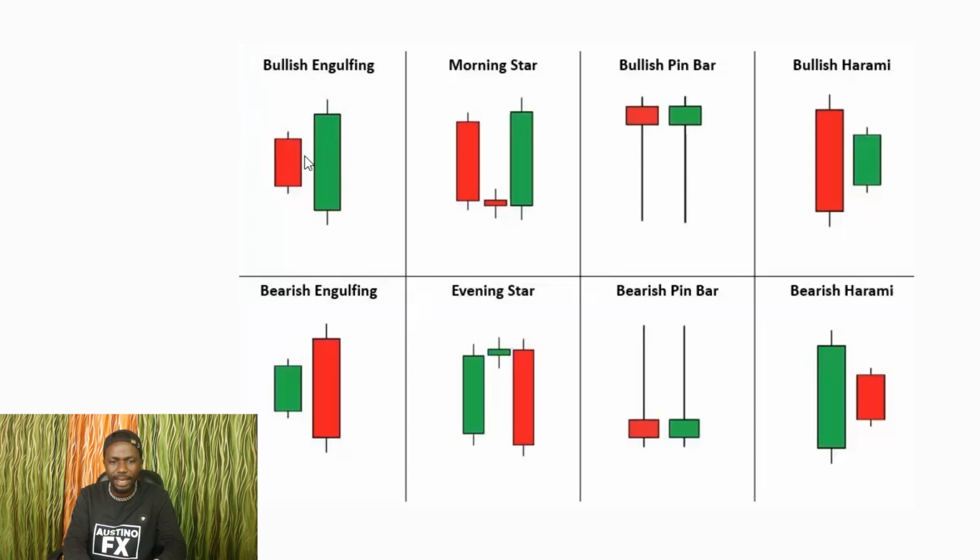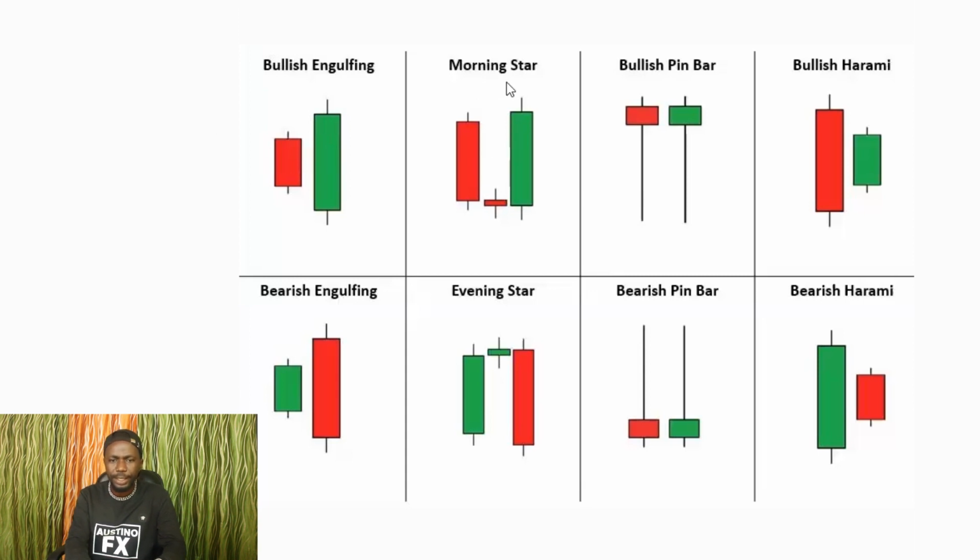Once you identify this candlestick pattern at a support level during a downtrend, it means the buyers have stepped in and are going to push the price up. So what you will do is wait for this green candlestick to close, place a buy trade, and then your stop loss will be below the support level. That is how you make use of the bullish engulfing pattern.